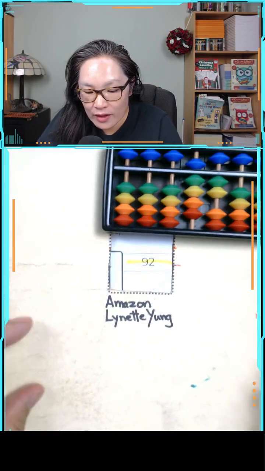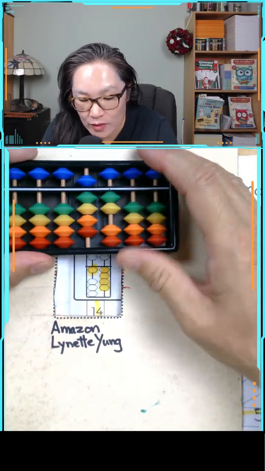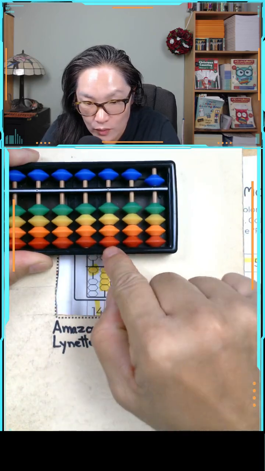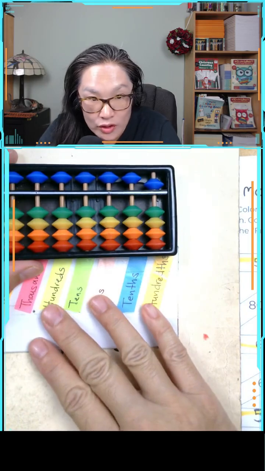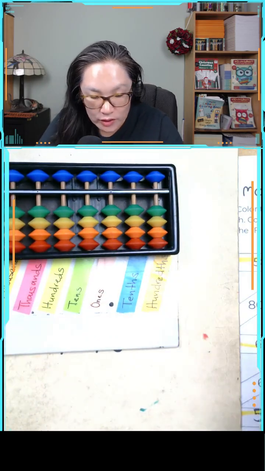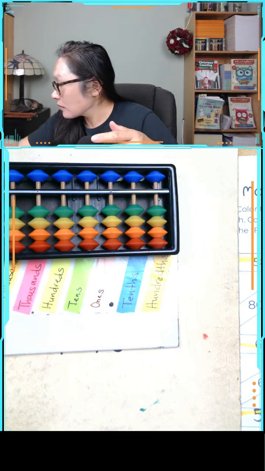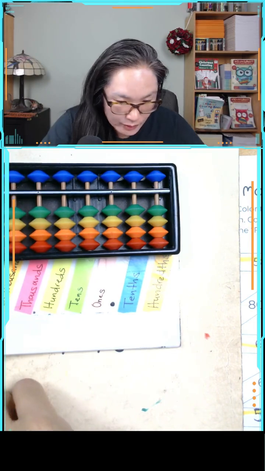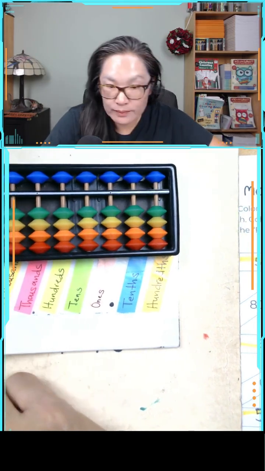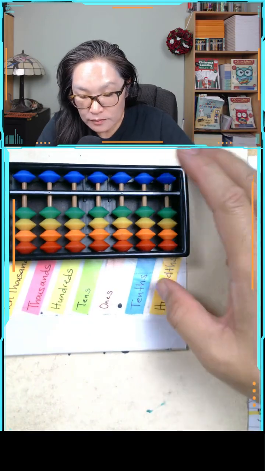And then we have our next number. We have our tens and our ones. The last 2 are just the decimals. Exactly. I'm trying to find my paper. Here it is.